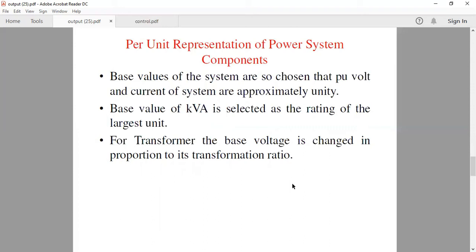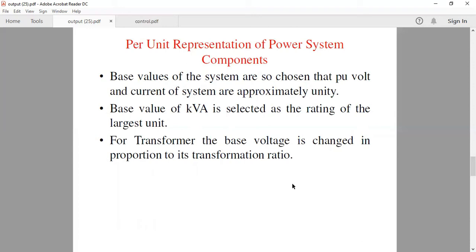It is more convenient to select a base value of kVA which is equal to the kVA rating of the component in the system that is the largest amongst all the components in the entire system which we are going to analyze.